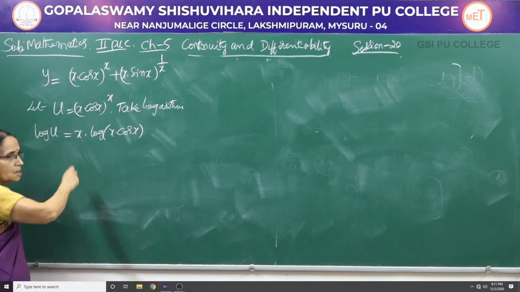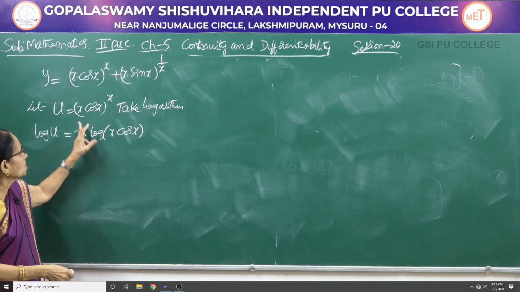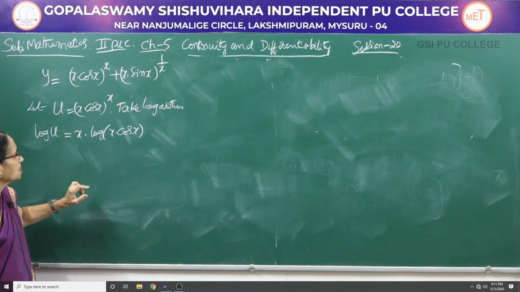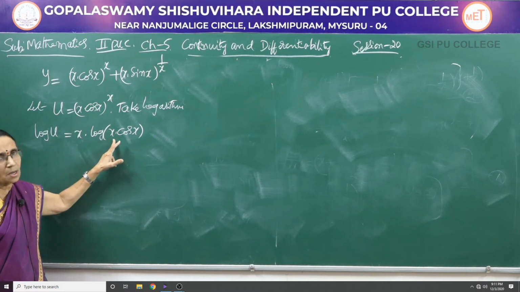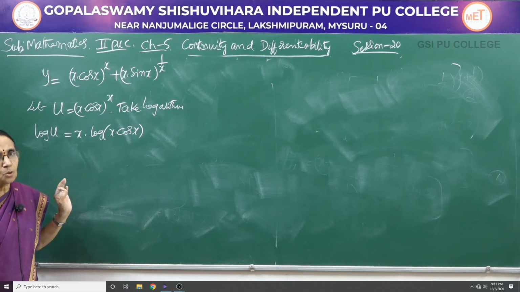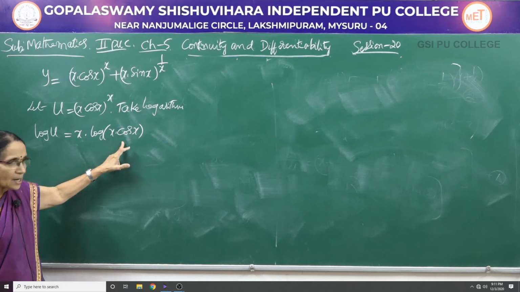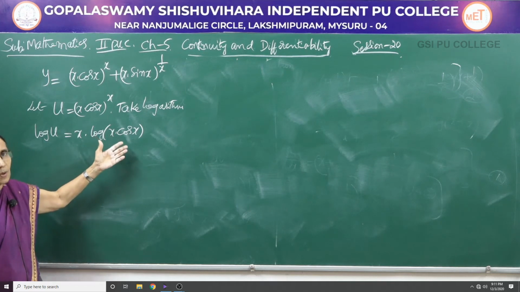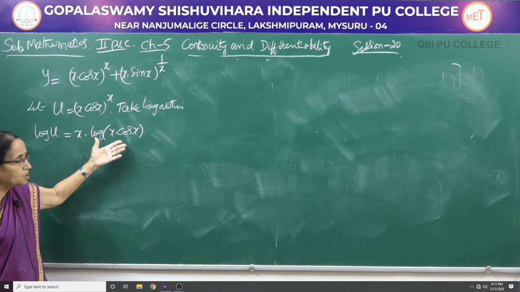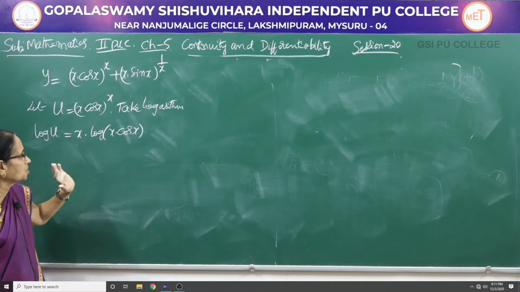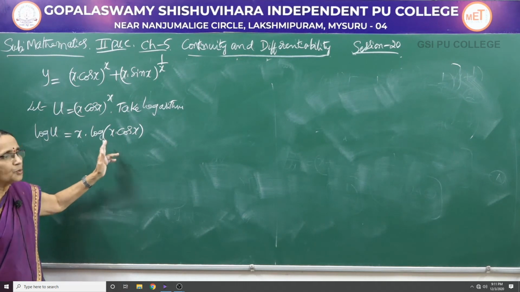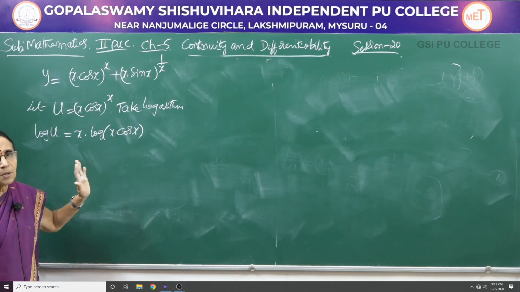You can write one more step also. Log of m to the power n is n into log of m. Here, look at the expression inside the bracket. It is in the form of log of m into n. Either you can keep it as it is and apply the chain rule when you differentiate, because it is a composite function, or else you can apply the law of the logarithm, log of mn is log m plus log n.